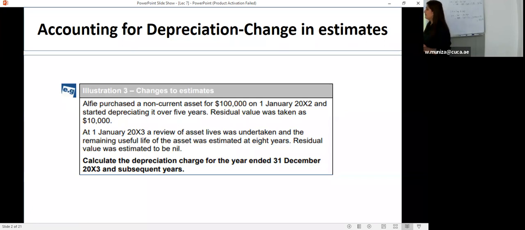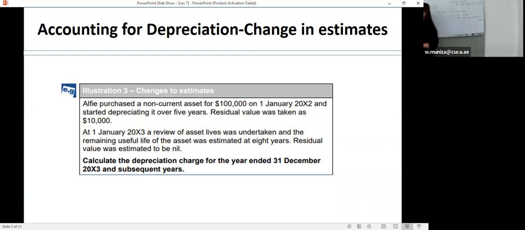Residual value was estimated to be nil. Students, from 1st January 2002 up till 31st December 2002, there has been no change. But on 1st January 2003, there has been a review and the estimated useful life has now changed. Clear? This is what they are telling.